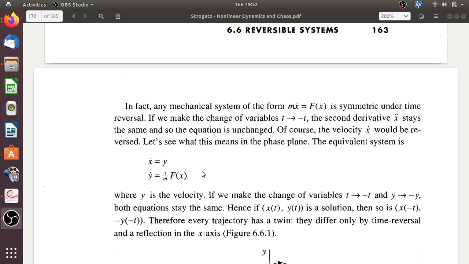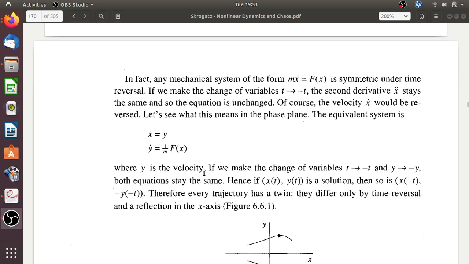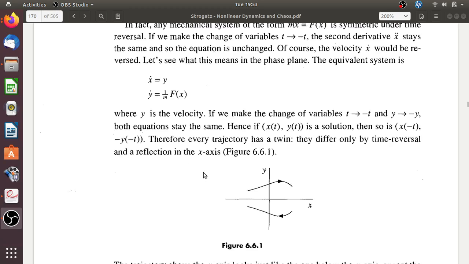But why are we so interested in the reversible system? Say you have identified a trajectory for some initial condition. Let's say that trajectory is this.